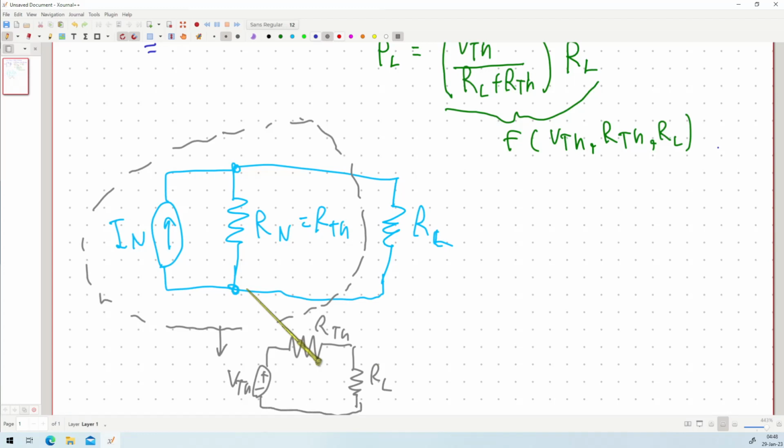Right, and this is just source transformation. It says that a voltage source in series with a resistor can be changed into a current source in parallel with a resistor.